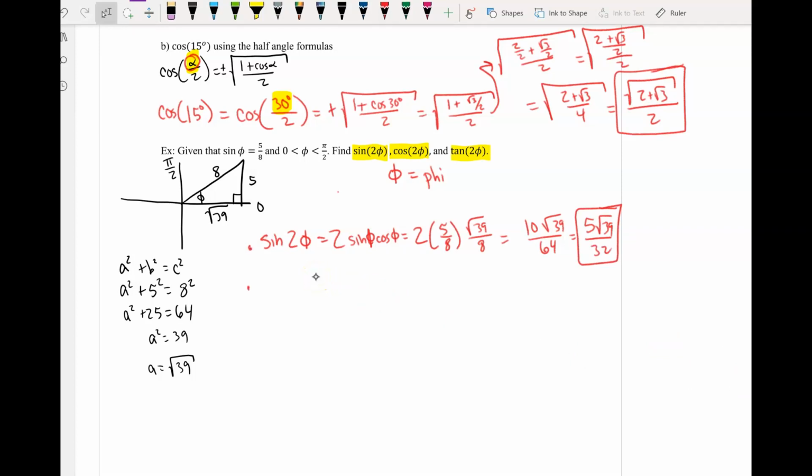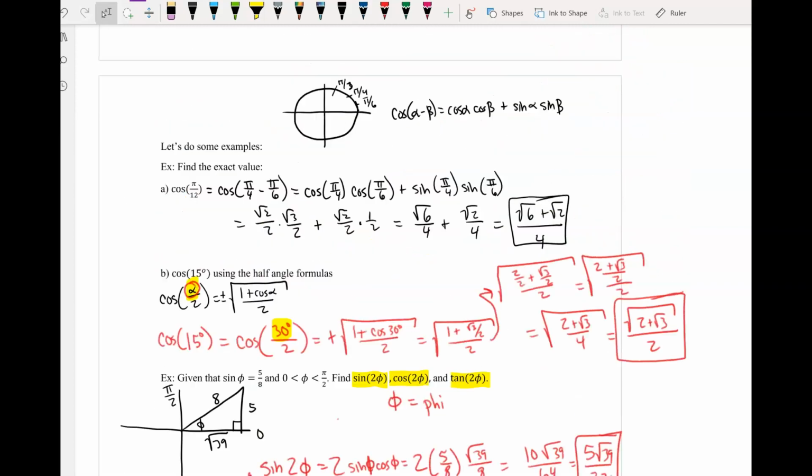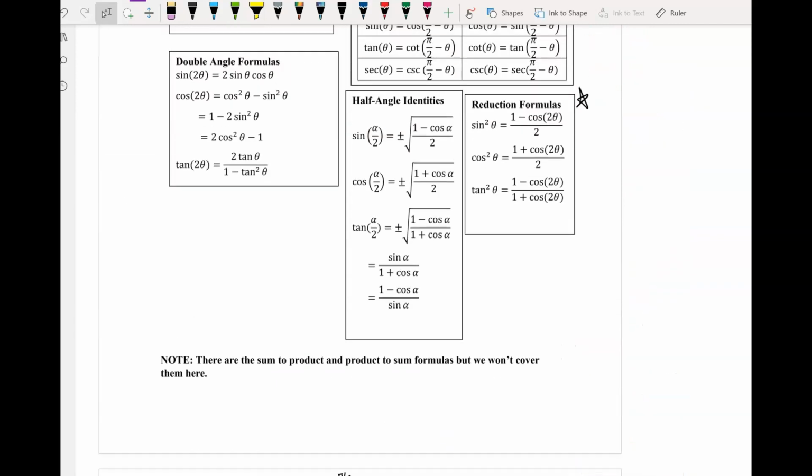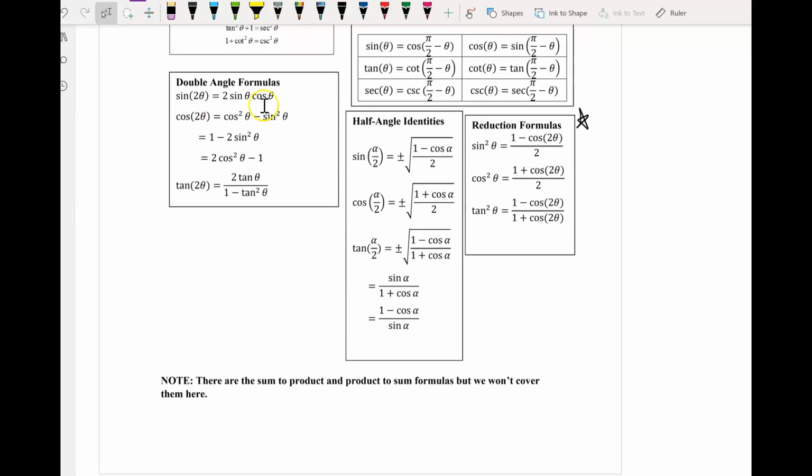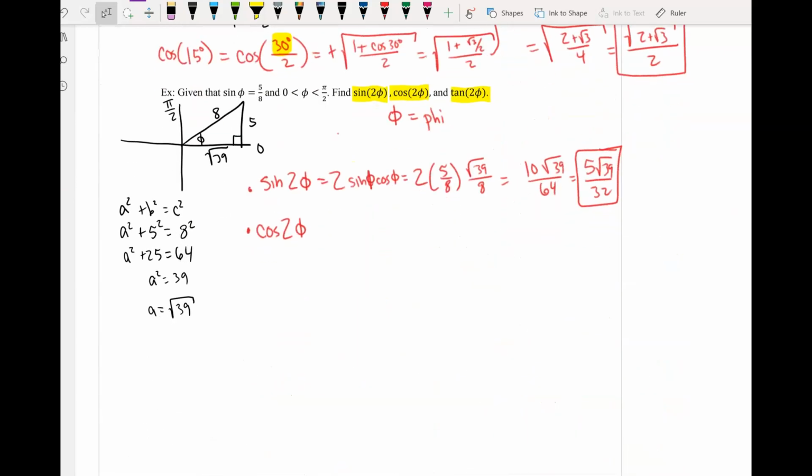Now let's look at the cosine of 2 phi. So if we go back up, the cosine of 2 phi, you actually have 3 different options. They're all going to give you the same thing. I'm just going to work with the first one, cosine squared minus sine squared. So I'm going to use cosine squared phi minus sine squared phi. So the cosine, we figured it out in the previous one.